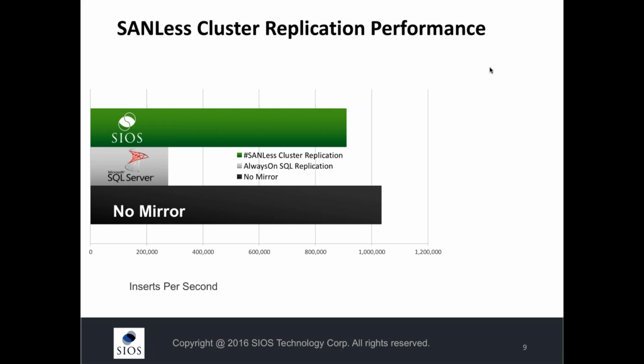So in the standalone SQL Server configuration, we were seeing over 1 million rows per second being inserted into this database. Now we took 2 identical VMs, formed a Windows cluster, installed SQL, installed SQL in the second node the same way, configured availability groups, and with synchronous availability groups, it dropped the performance down to around 250,000 rows per second. So it was a pretty significant level of overhead.